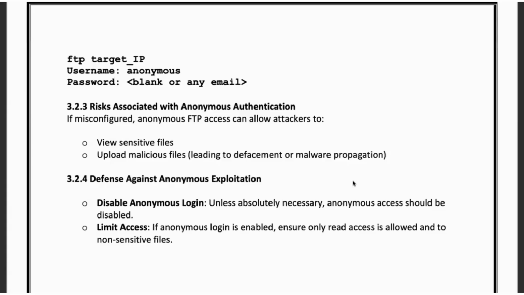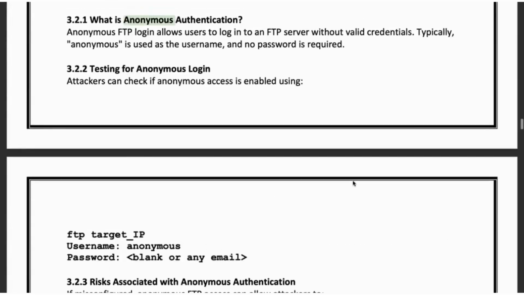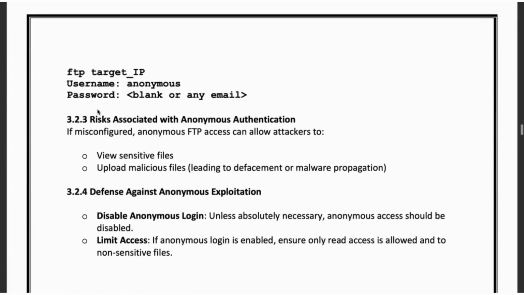So when you launch the anonymous authentication, the risk associated with it is, if it is misconfigured and anonymous FTP logins are allowed, attackers can view some sensitive files, as we can retrieve some data. We can upload some malicious files onto the server as well, that leads to defacement or spreading some malware on the target system, right?